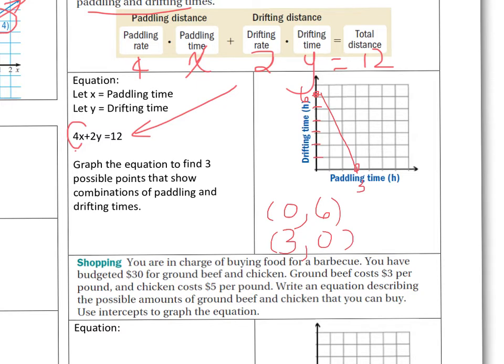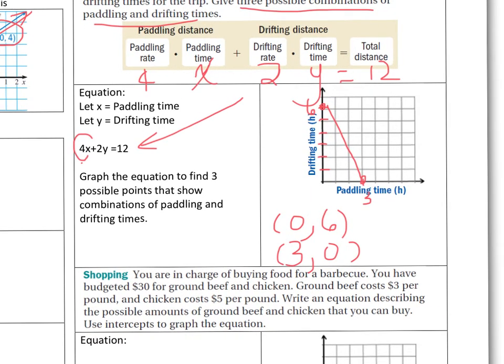And then what's the possible third point? Let's let x equal 1. Okay, so 4 times 1 plus 2y equals 12. Where did I get the 1 again? I just chose a random point here because I want to find a third point according to the word problem. So for 2y, 12 subtract 4 will give me 8.